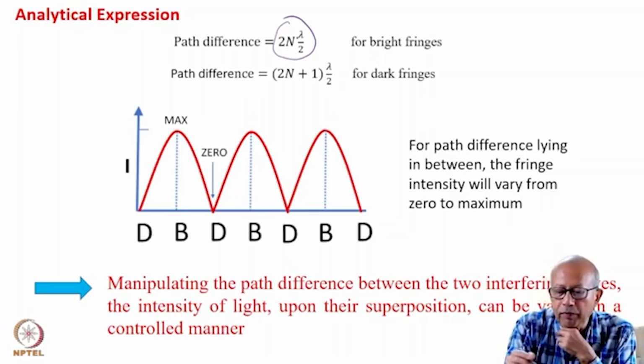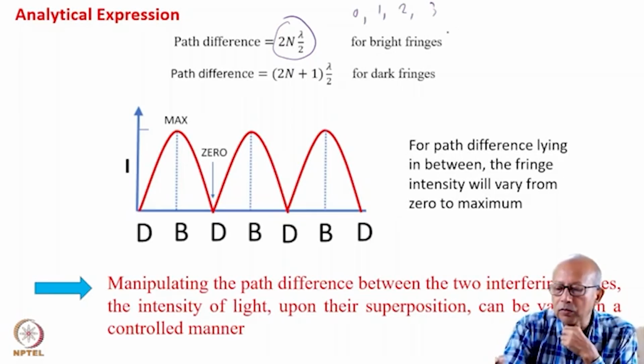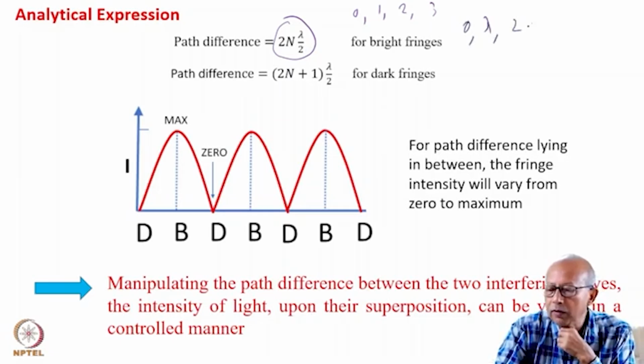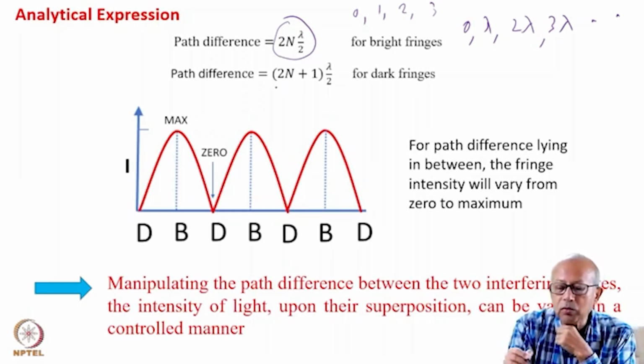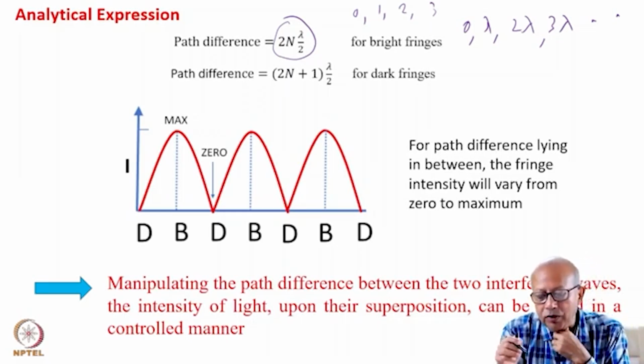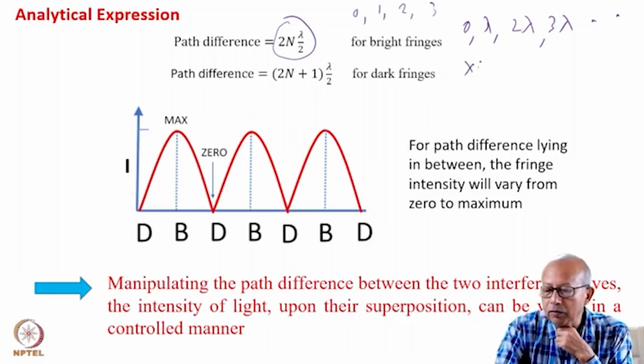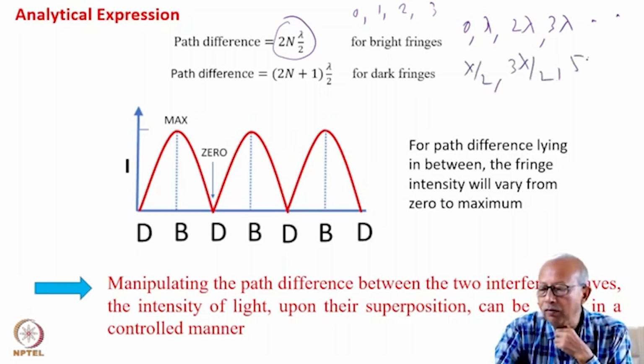Here n is an integer 0, 1, 2, 3, so the path difference is 0, lambda, 2 lambda, 3 lambda, and so on. And if the path difference is (2n plus 1) into lambda by 2, you will have a dark fringe. That means it will be lambda by 2, 3 lambda by 2, 5 lambda by 2.